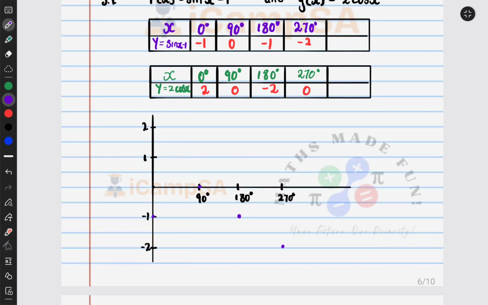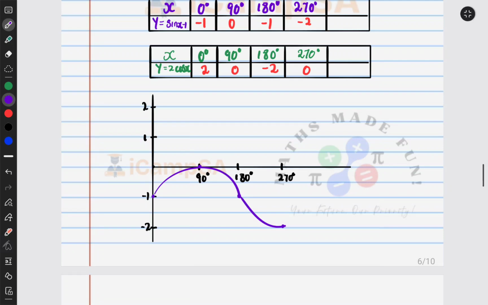Then we join our points, and that is our function. It would look something like that.